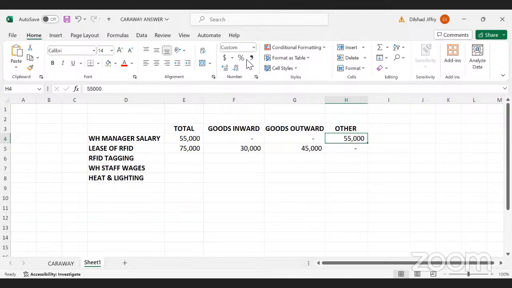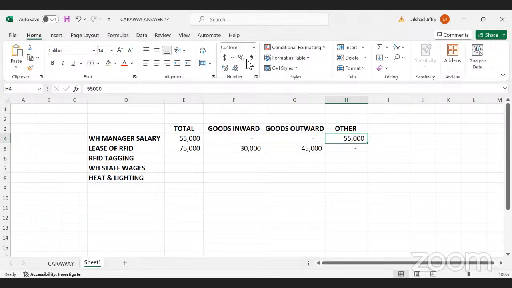Then warehouse staff wages, have you done the figures? What is the total? Okay, let me do it.